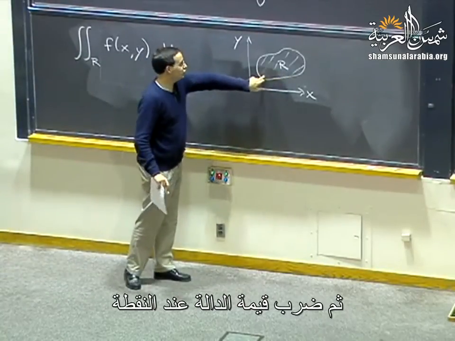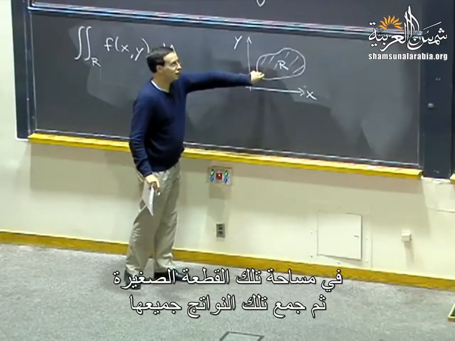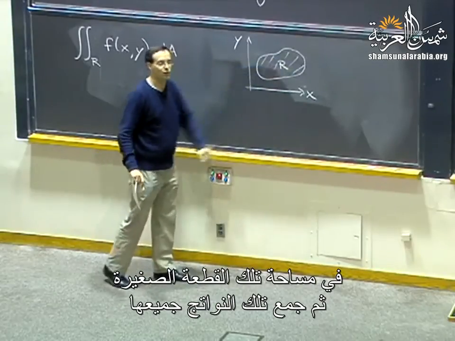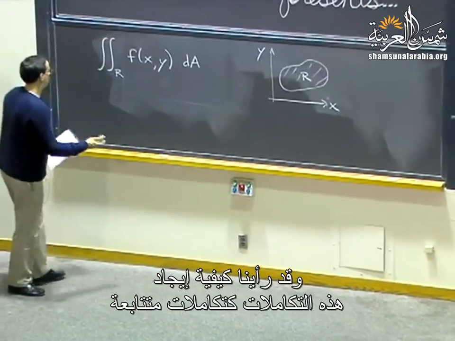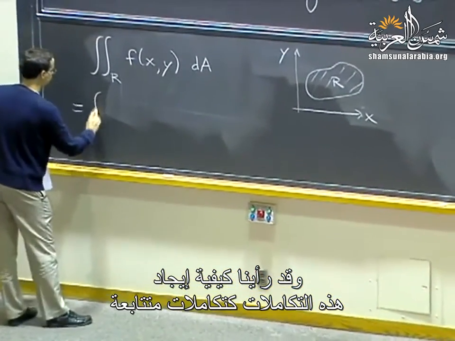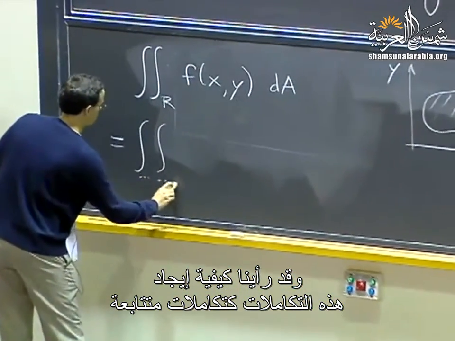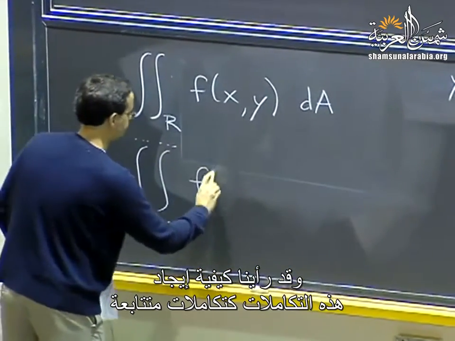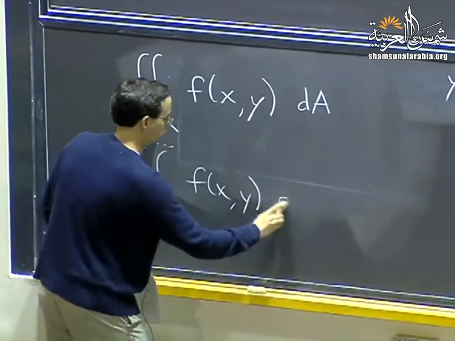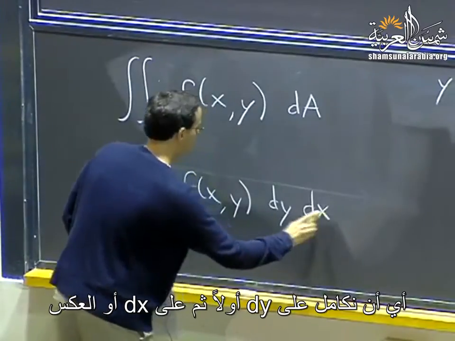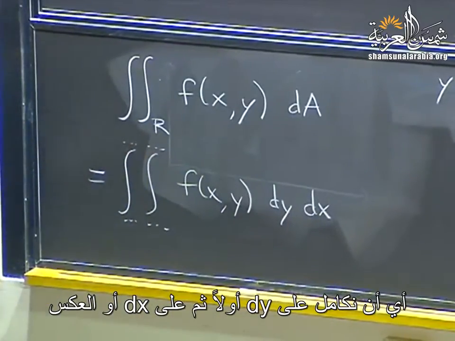We multiply the value of the function at that point times the area of a little piece, and we sum that everywhere. And we've seen actually how to compute these things as iterated integrals. So first integrating over dy, then over dx, or the other way around.